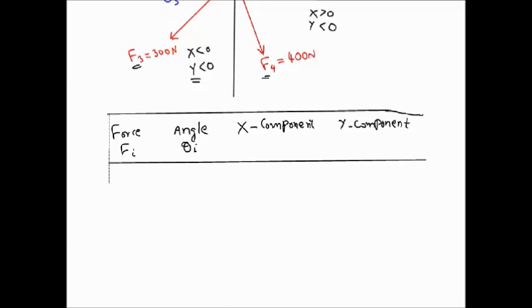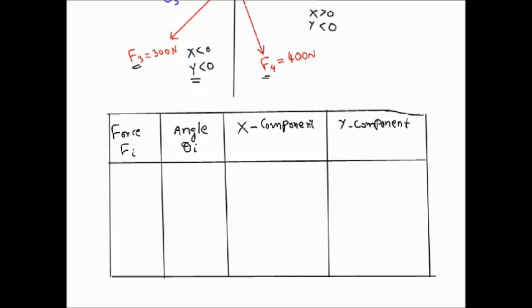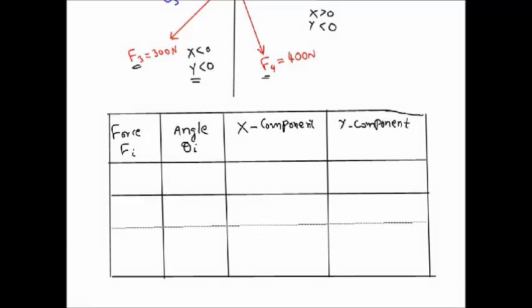Let me try to draw the table as shown here. These are the column lines. We have four forces, so we have 1, 2, 3 and 4 rows here.